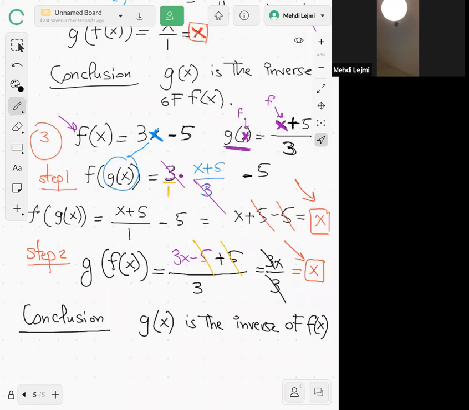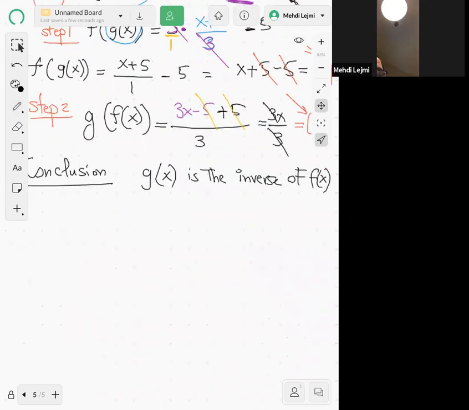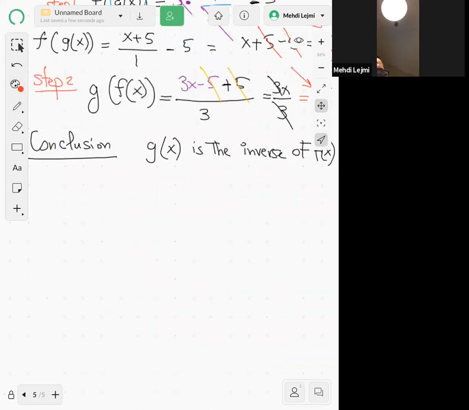All right. Any questions, guys? Now, next, the big question is, how do we find the inverse in general? Given a random function f of x, how do we find the inverse?